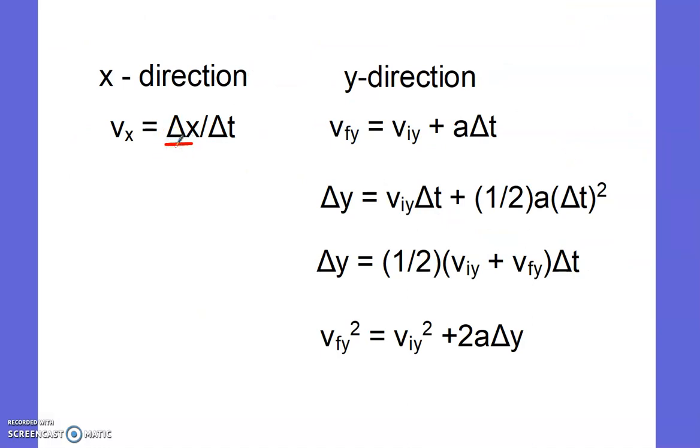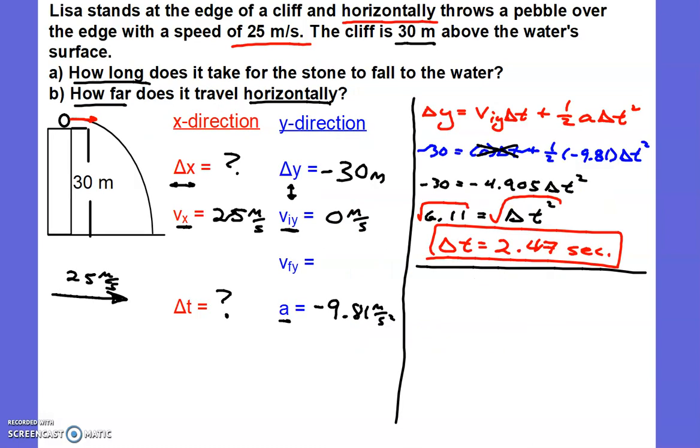In order to use that equation, I need to know Vx, which I do, it's 25, and I need to know the time, which we just solved for, and that is 2.47 seconds. So this is the formula we have to use, and we have everything in that formula.